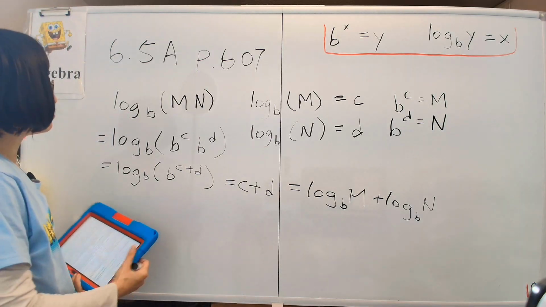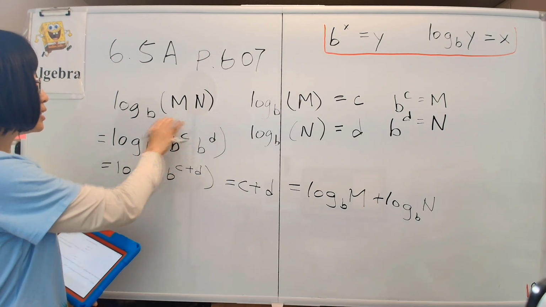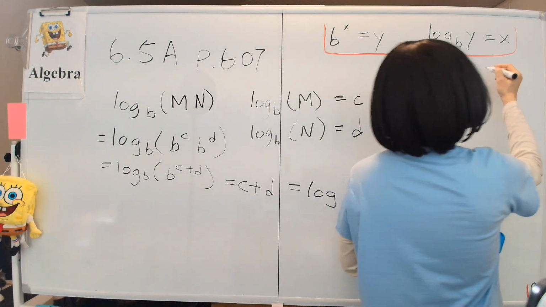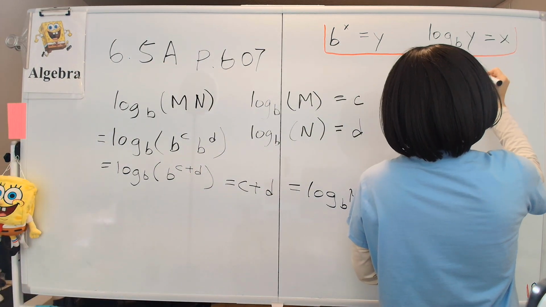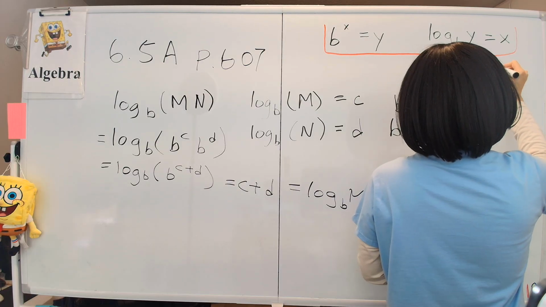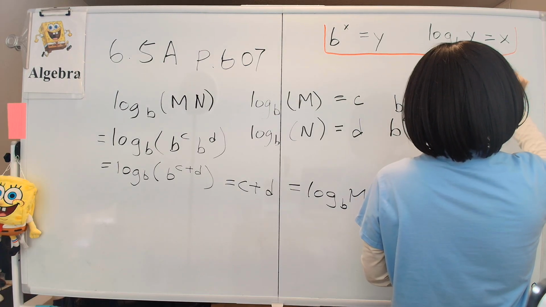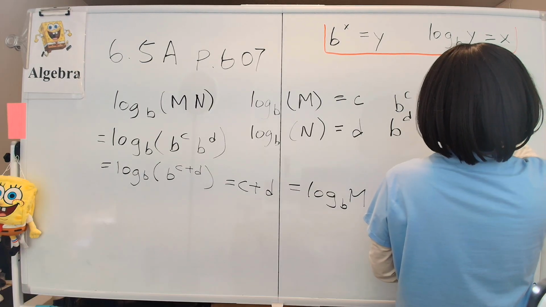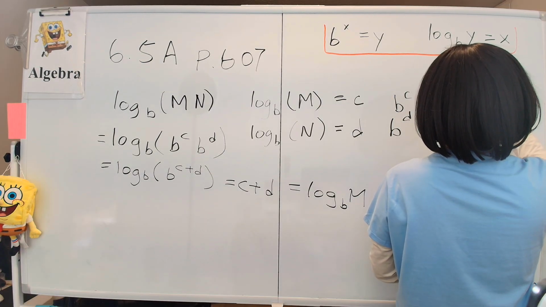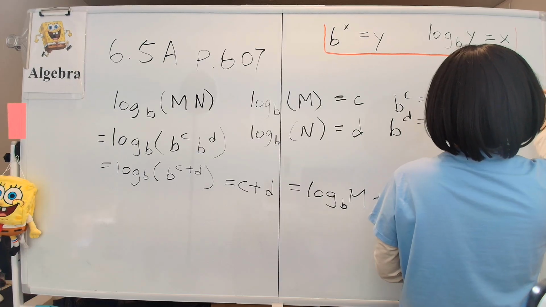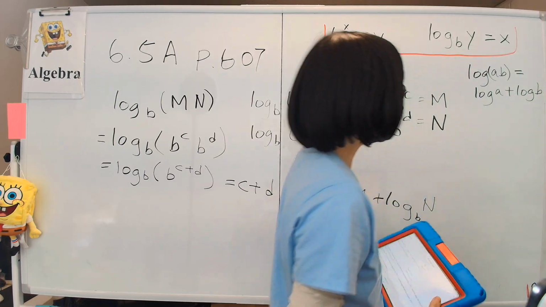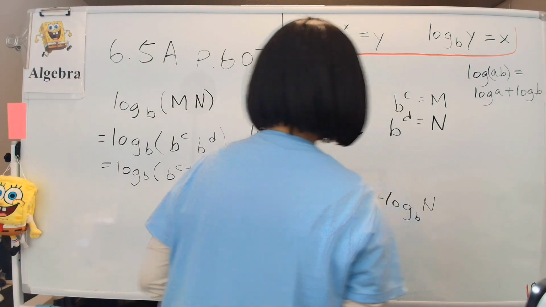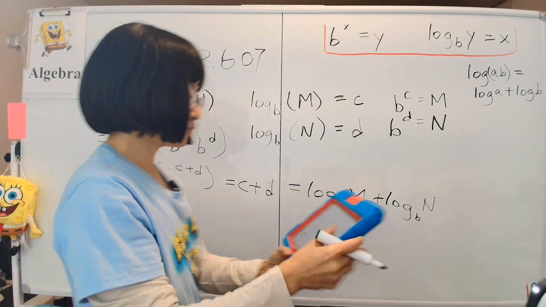But finally, here's the principle, which I'll write down right here. That is, log of any two numbers, log AB, is equal to log A plus log B. Of any two numbers, regardless of what the base is, this rule applies, as we have proved here.